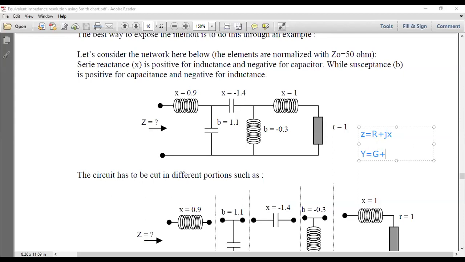G plus j what? jX or j something? What will be that something? No, it is not M. I'll write it in capital.